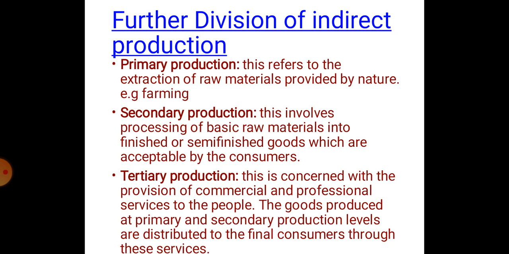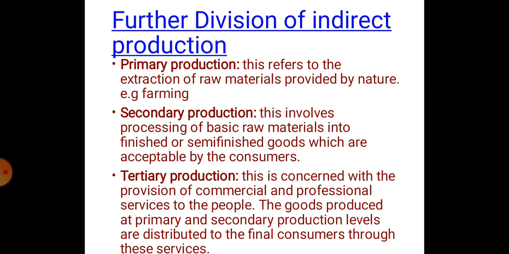Raw materials can be extracted from the river, from the sea, ocean, forest, soil, etc. They are the basis for production. Primary production is the basis for production.